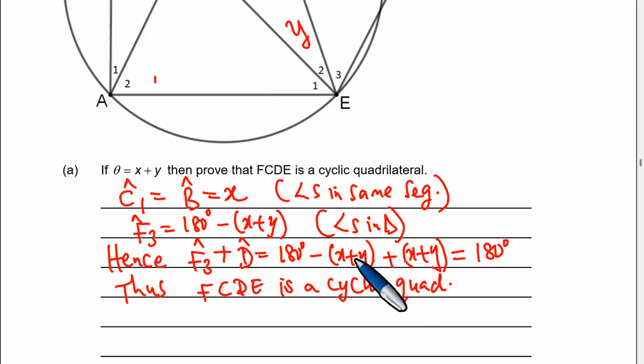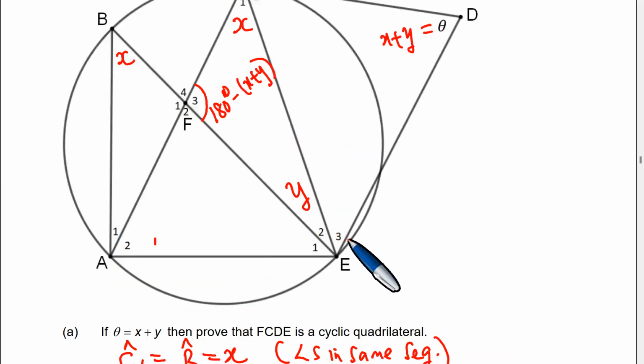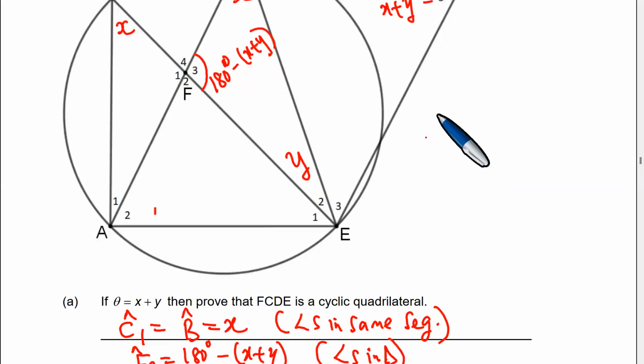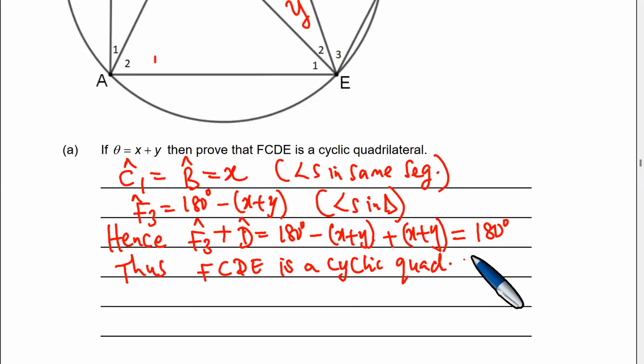Why is it 180? Because these ones cancel out. We had to prove that, and we proved it. Why is FCDE a cyclic quad? Because when we add up the opposite angles, they give us 180 degrees, because opposite angles are supplementary.